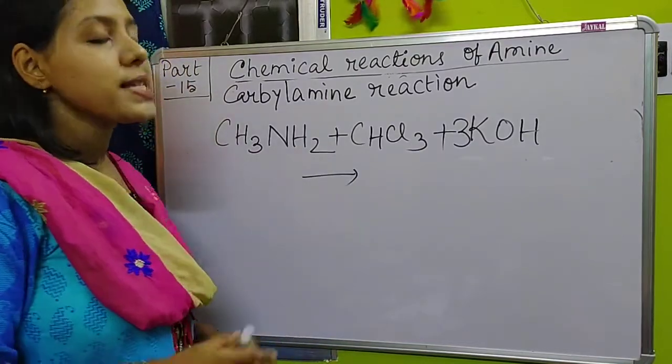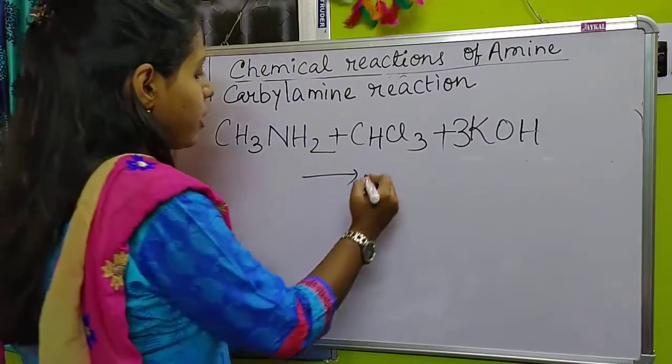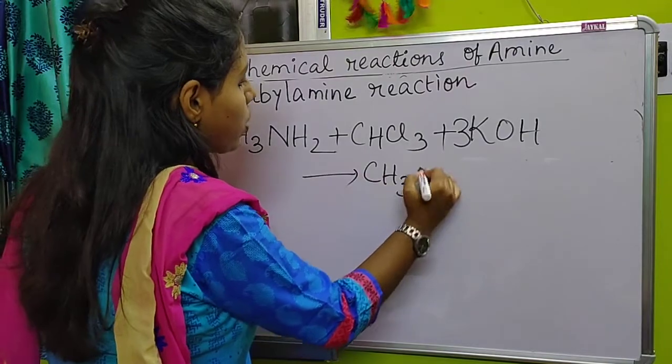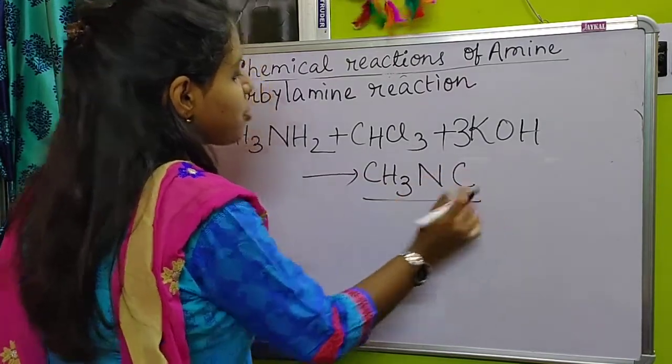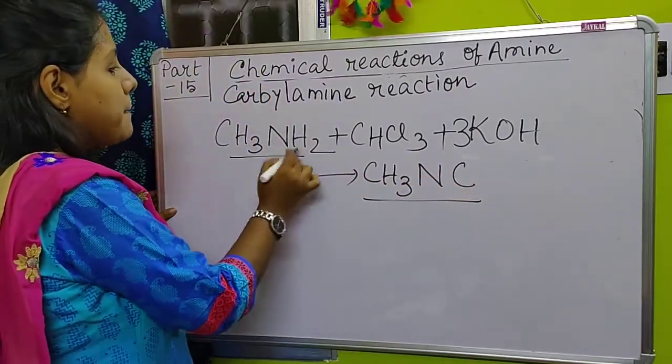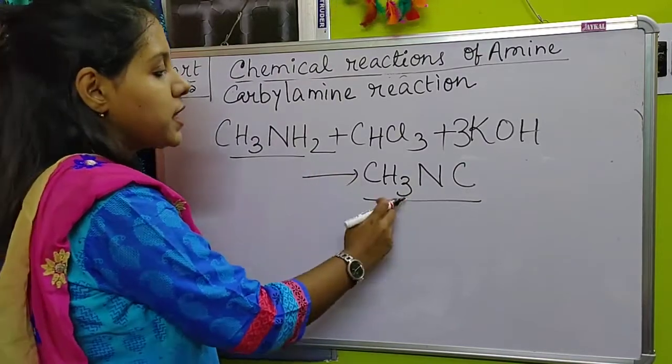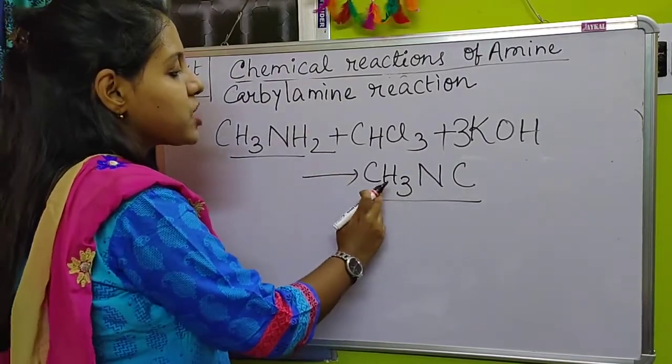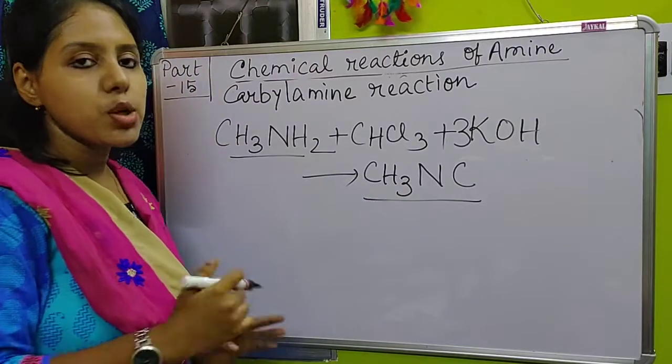That compound is known as isocyanide, with the formula CH3NC. That means from methylamine we get CH3NC, methyl isocyanide.